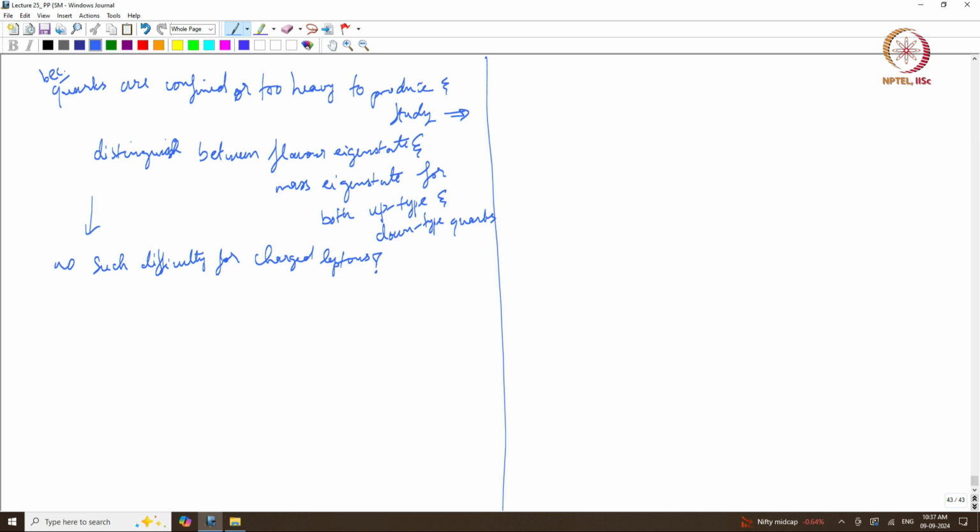When J.J. Thomson discovered the electron, did he discover the flavour eigenstate or the mass eigenstate? It was both actually, both at once. So, when we call something an electron, we mean both the flavour eigenstate and the mass eigenstate. We do not need to distinguish this in the charged sector.